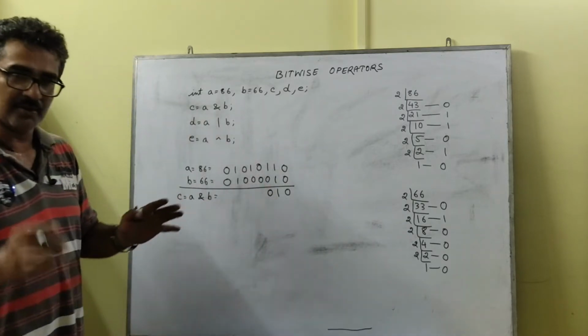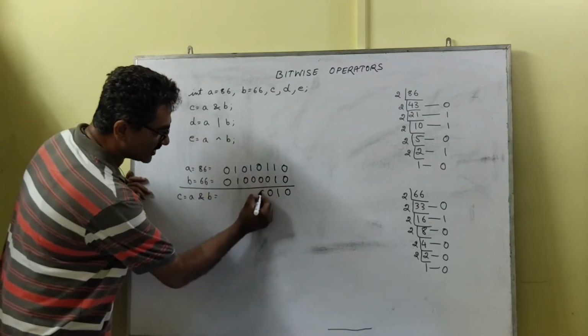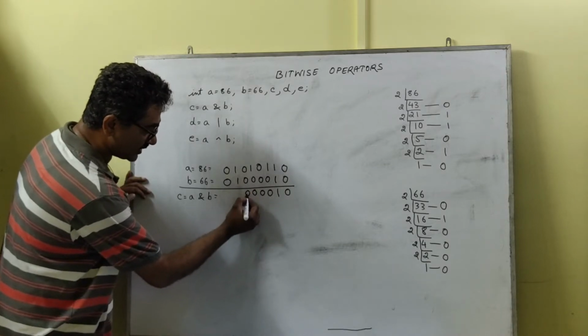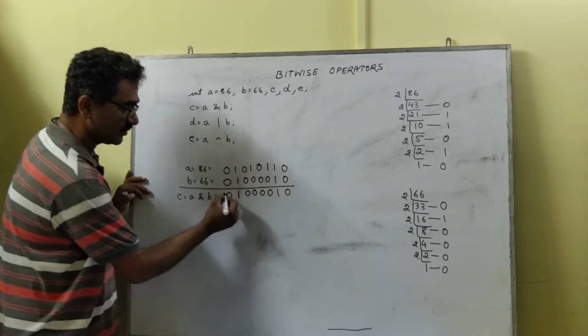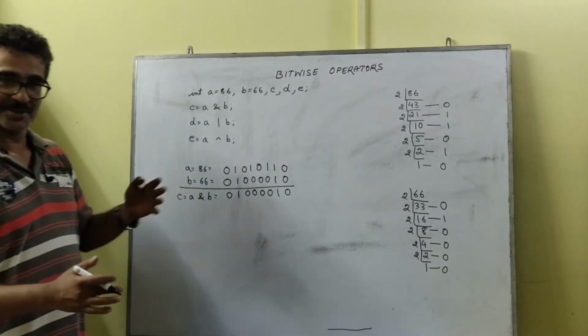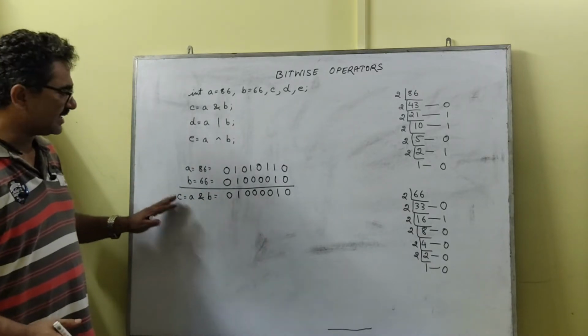Remember, for AND, only when both are 1, the output is 1. So 0 and 0 is 0. 1 and 0 is 0. 0 and 0 is 0. 1 and 1, once again 1. 0 and 0, still 0. So it's almost like multiplication, if you observe carefully. Now, this is what gets stored inside C.